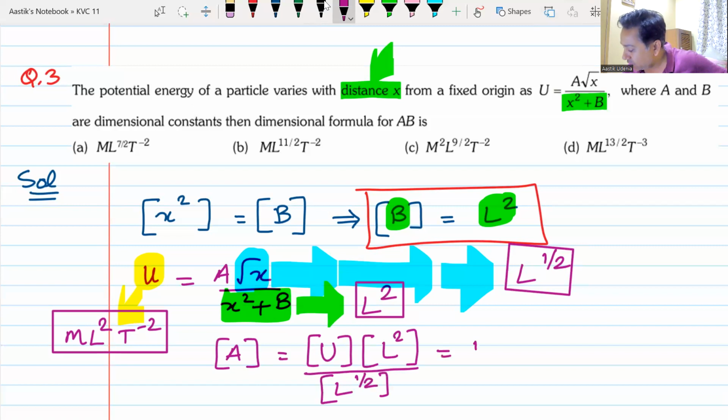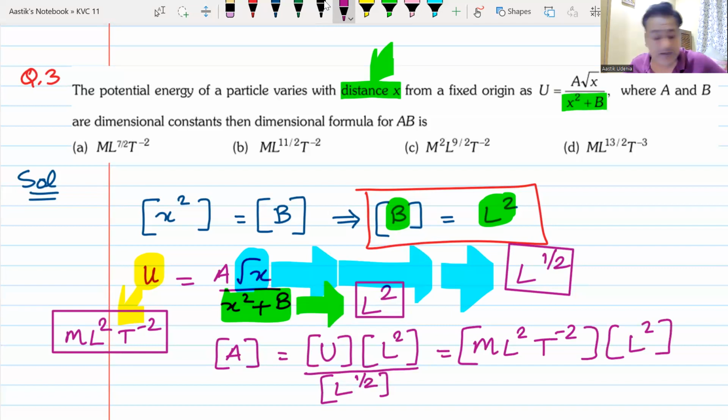So I just put the values, ML square T minus 2. This has to be multiplied by L square. So it becomes ML raised to the power 4, and you divide it by L raised to the power half. This is a simple mathematical calculation that will give you the answer.